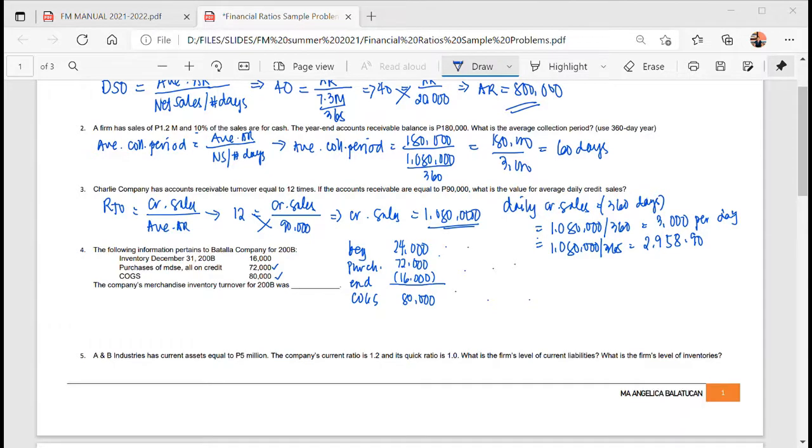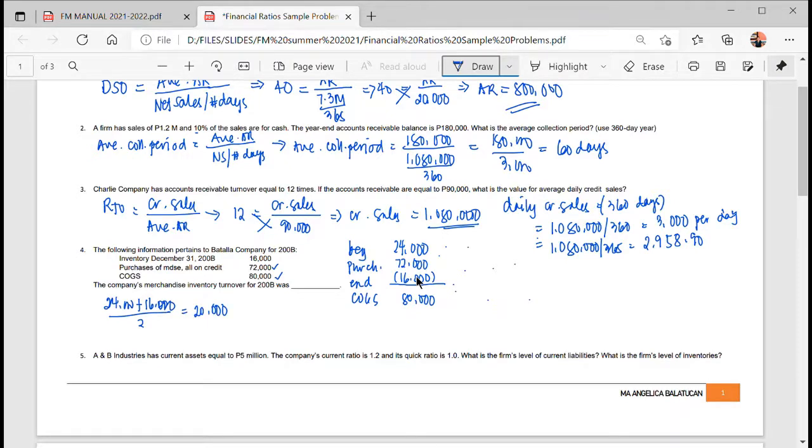So now, can you compute the average inventory? Yes or no? Okay, we can now compute. So 24 plus the ending of 16, then divided by 2. So how much? 20,000. That's correct.